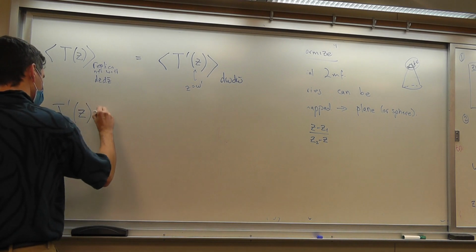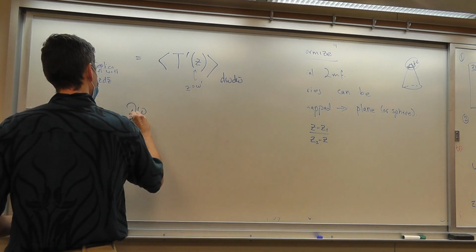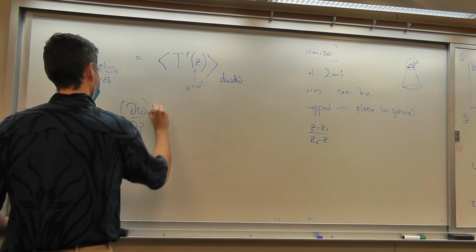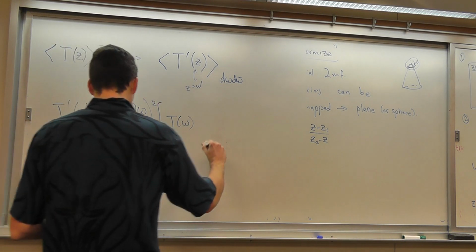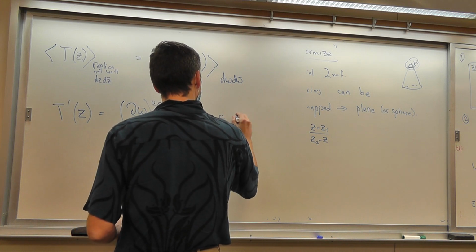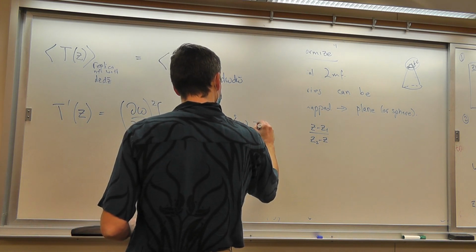It says T prime of z is dw dz squared times T of w minus c over 12 times the Schwarzian derivative of w with respect to z.